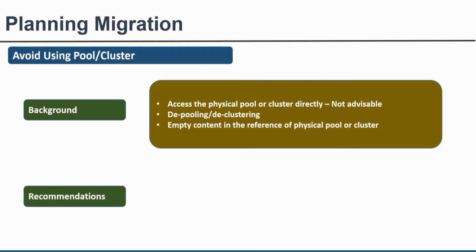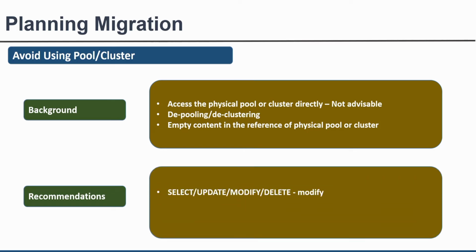So what is recommended? Remove all the references of physical pool or cluster tables in all select, update, modify, delete statements. Replace them with the logical reference of transparent tables. Also, you can check in the various lists to see the full list of tables using this physical table, pool or cluster.